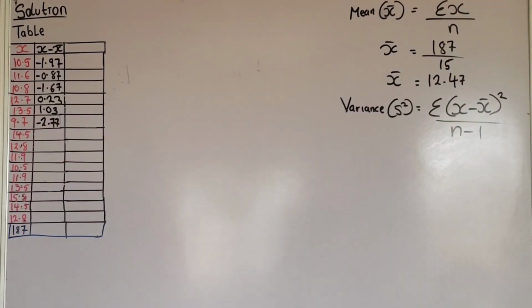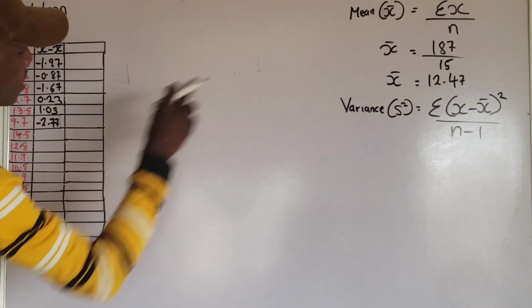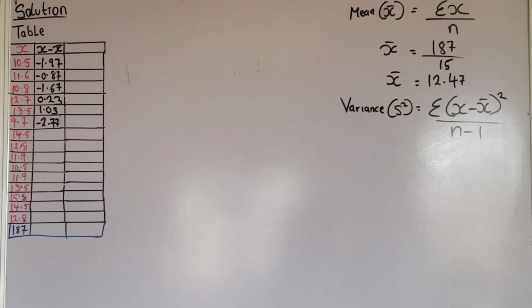Now, let's proceed to the next cell. Here I'm going to have 14.5 minus 12.47. That will give us 2.03. So here I'm going to have 12.8 minus 12.47. That will be 0.33. So here I'm going to have 11.9 minus 12.47. That is negative 0.57.